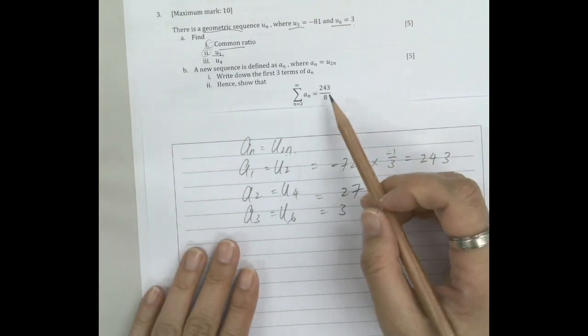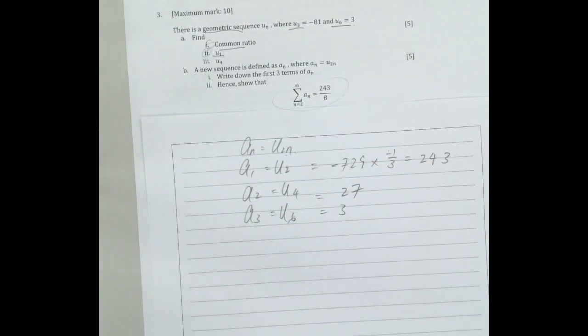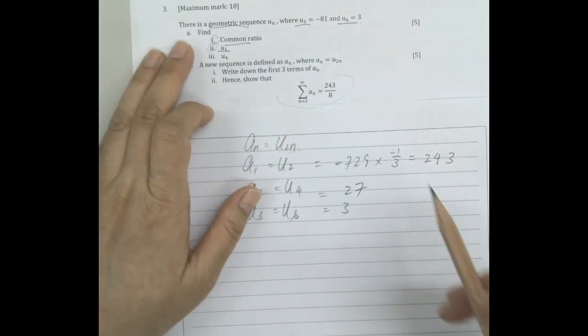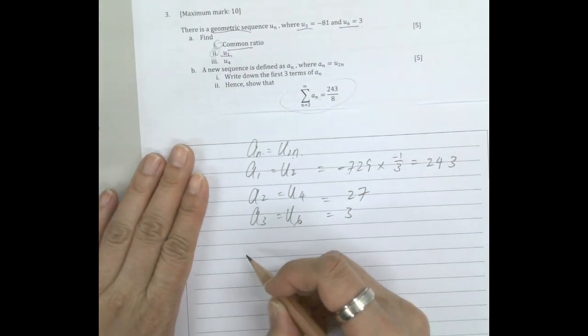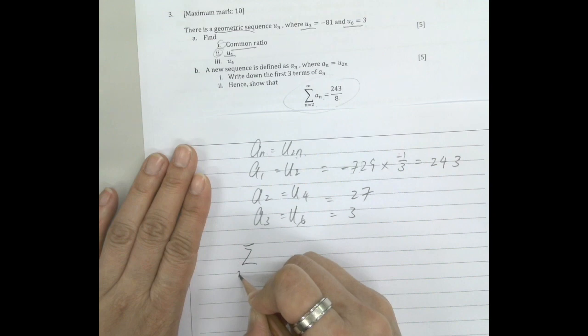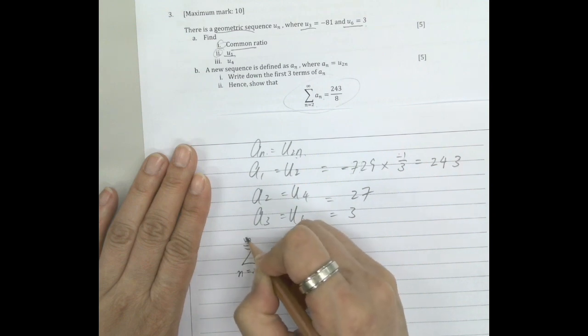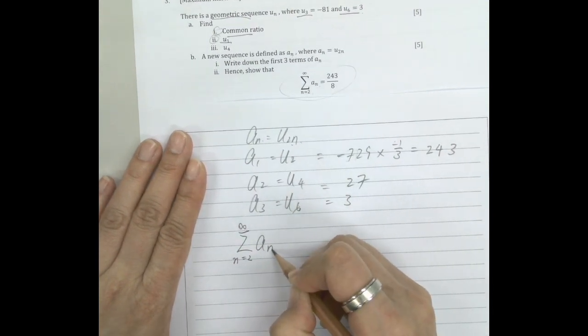So we have n already starting from 2. So our sum from n equals 2 to infinity, let me rewrite that first.